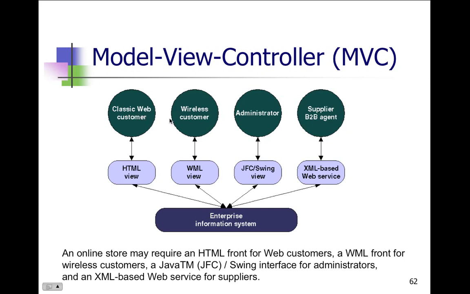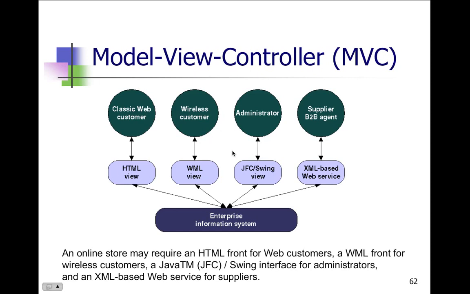We have a classic web customer, a wireless customer as an example, on a mobile phone, an administrator, a supplier, maybe a B2B agent, maybe going through some other application, some interface. And then we have the different views.